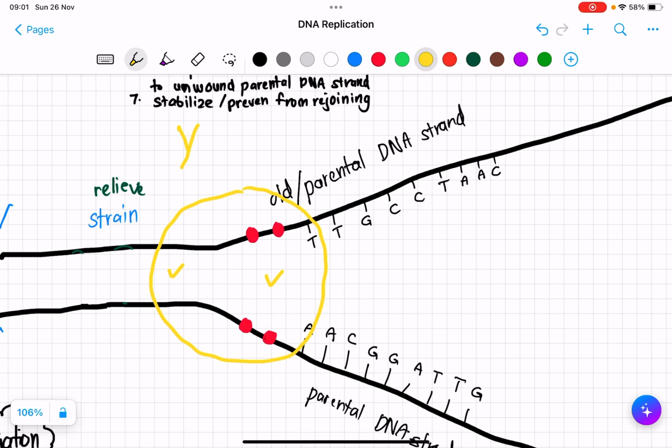Replication fork. Dia half tertutup, half terbuka. Dia bukan semua terbuka atau semua bahagian tertutup. Sebab dia mesti bentuk seperti Y.